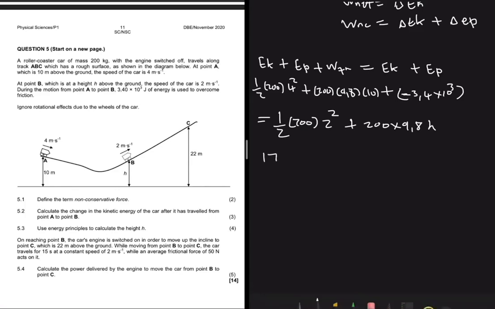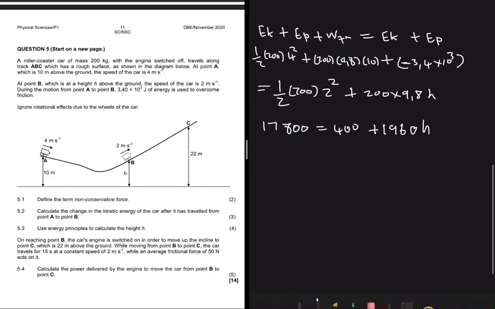On the left hand side, we're going to have 17,800, and then on the right hand side, we're going to have 1 over 2 multiplied by 200 will give us 100. 100 multiplied by 4, this is going to give us 400, plus let me put that in the calculator. 200 multiplied by 9.8, 1960 multiplied by h. We're going to take this 400 to the other side and divide by 1960.